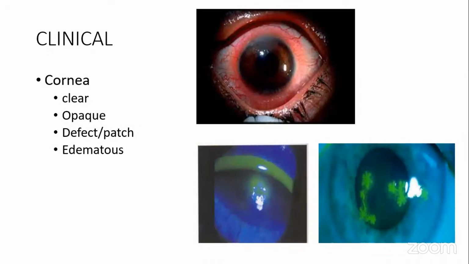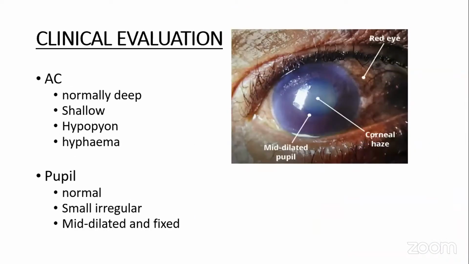Okay, then the cornea. We look at the cornea, whether it's clear, whether there's a patch on it, whether there's some swelling, whether there's a defect, whether there's anything on the corneal surface, even as small as a foreign body on that surface can make the eye red. Then the anterior chamber. Commonly, when there is pain with redness and we are looking into the anterior chamber, that area where there is aqueous humor, okay?